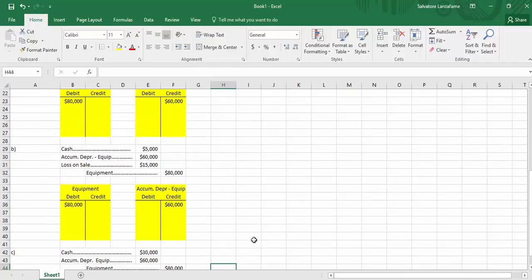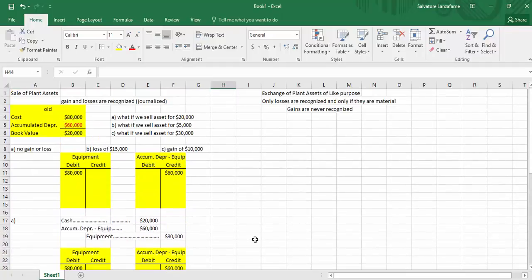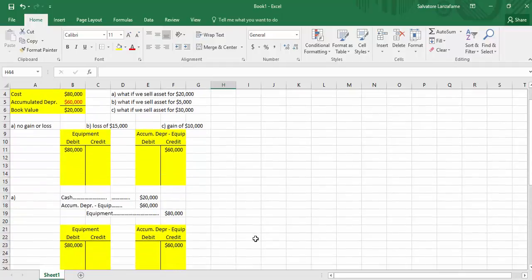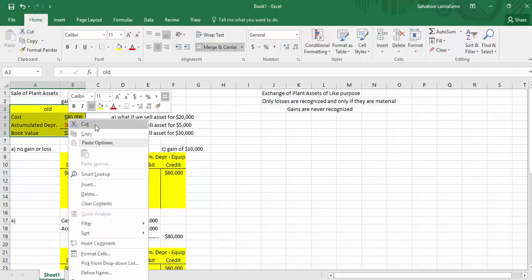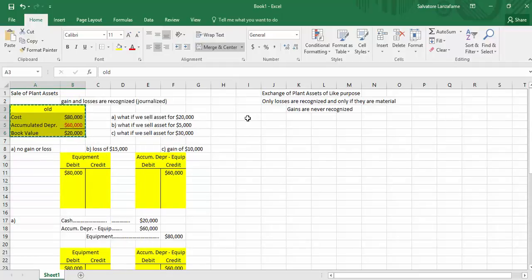So notice the three scenarios of how to handle when you sell plant assets. Okay? Let's now change gears and switch over to exchanges of plant assets. So to help me do this, I'm going to use the same data that we had before.